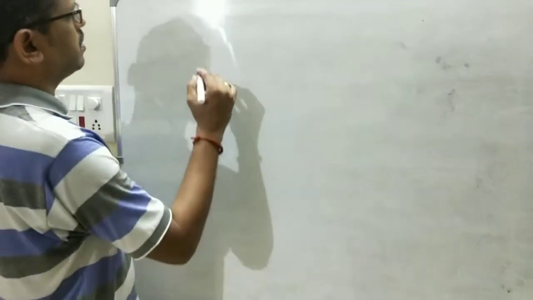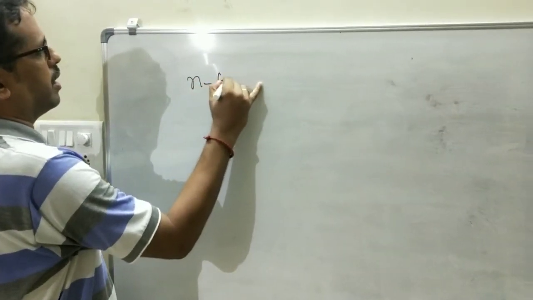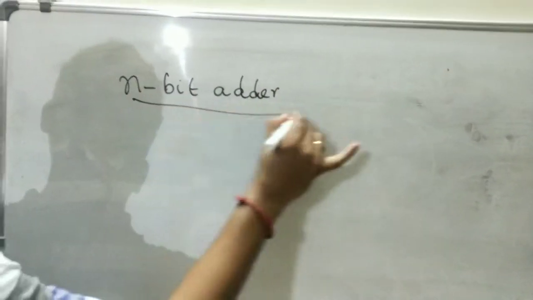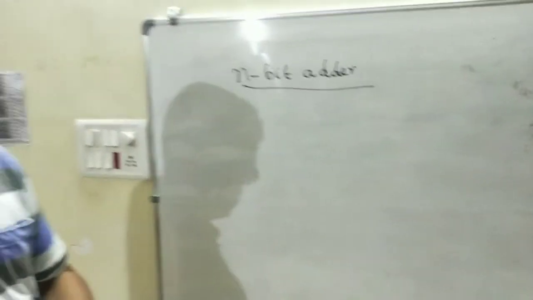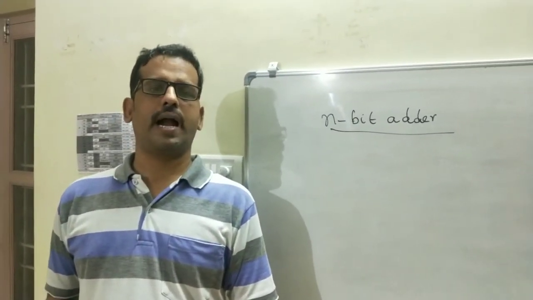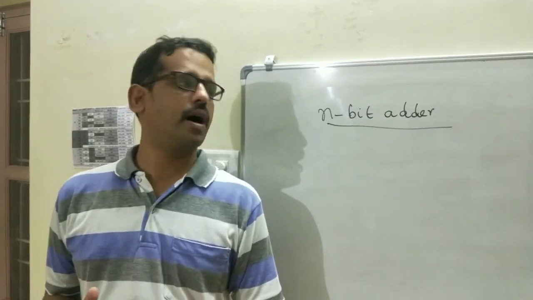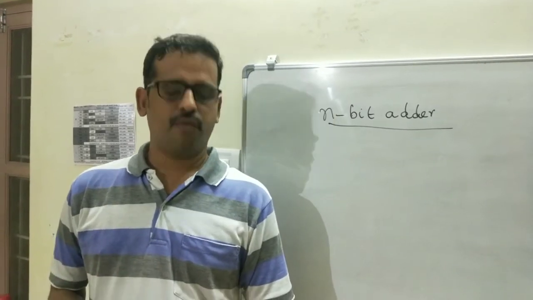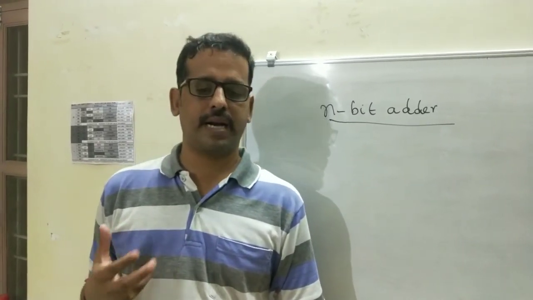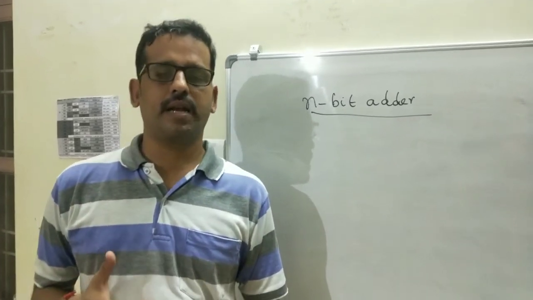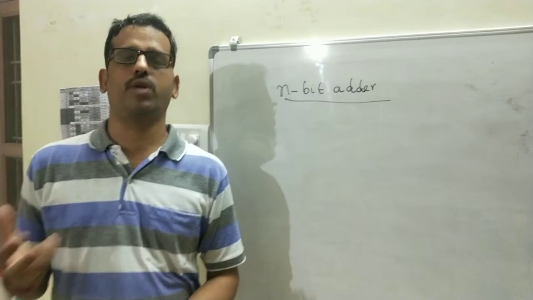Next, we'll see about the n-bit adder. What it is going to do is add n bits at a time, or otherwise we can say an n-bit adder is known as a parallel adder. For example, if you want to construct a 4-bit adder, you need 4 full adders. If you want to construct an n-bit adder, you need n full adders.